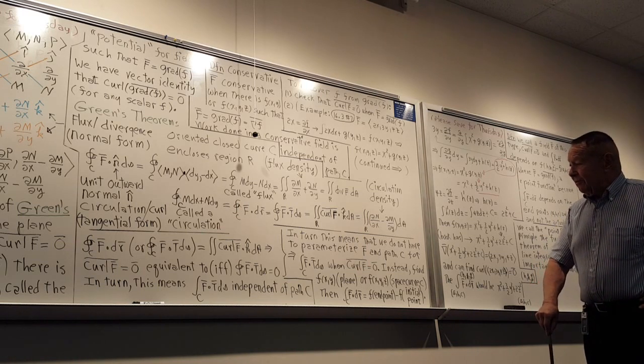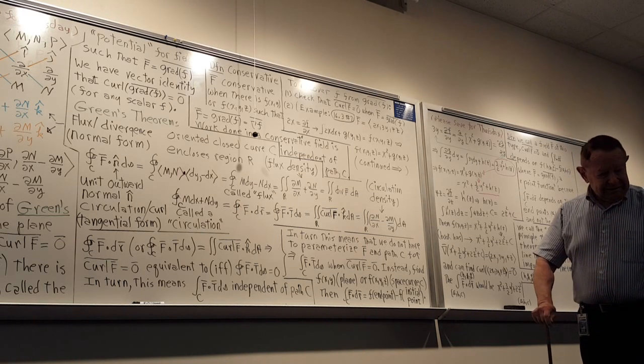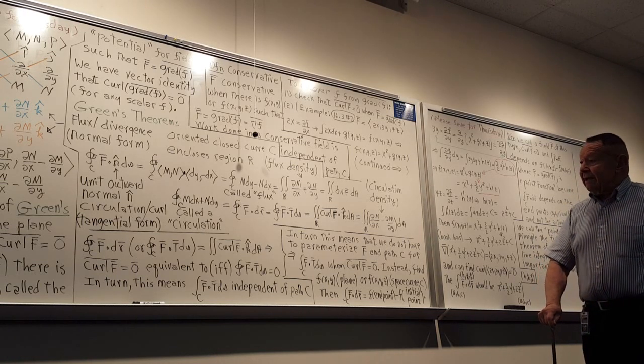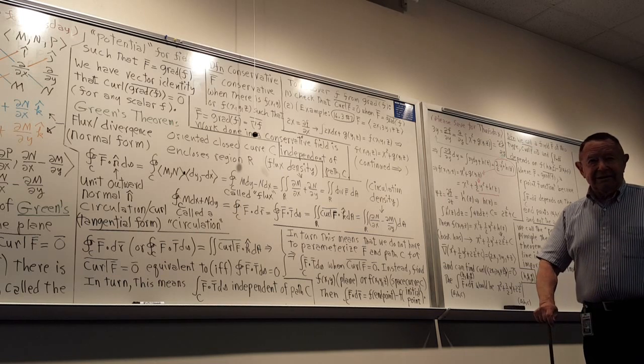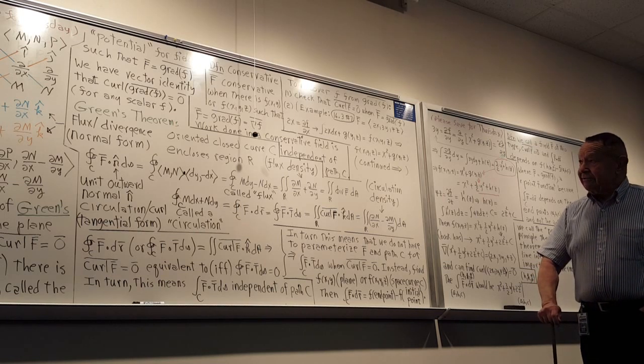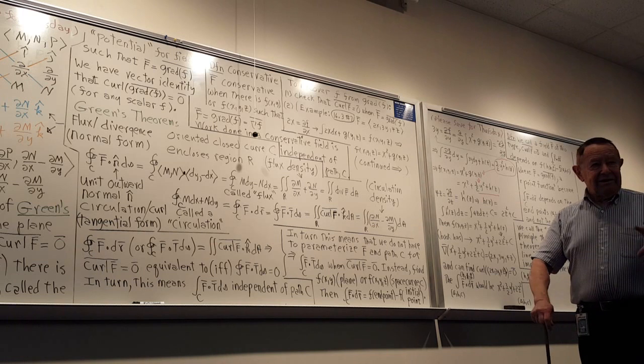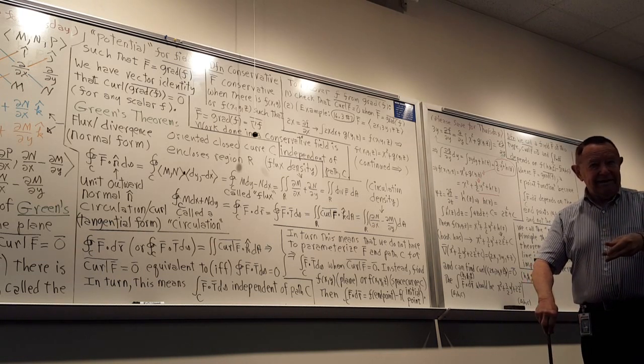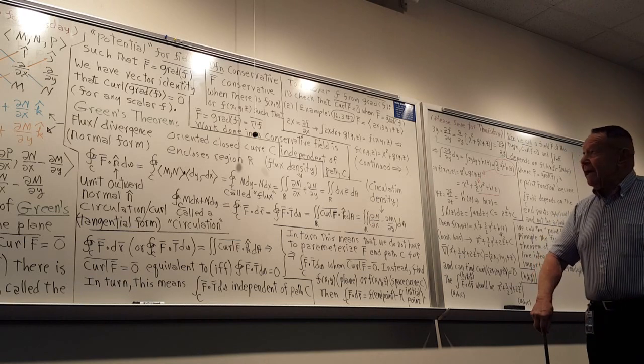You have then what is the basis of section 16.3, today's class, and you call that line integral a point function in the sense that the values depend on the beginning point and the end point, but not on the path.